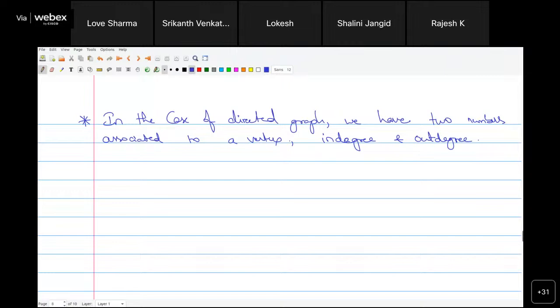And what are in degree and out degree? It depends on the edges.